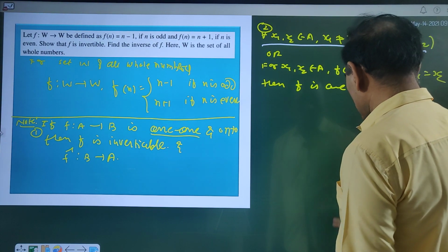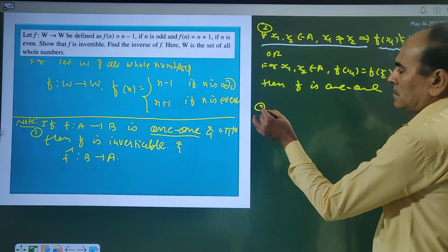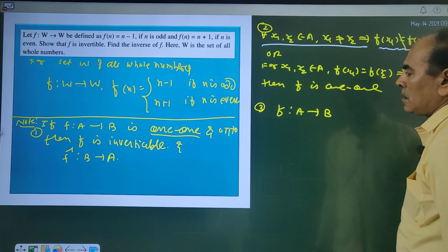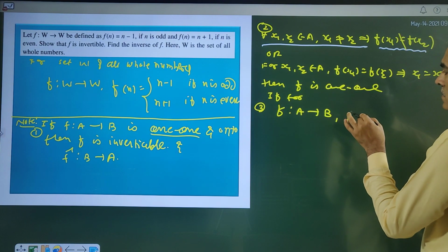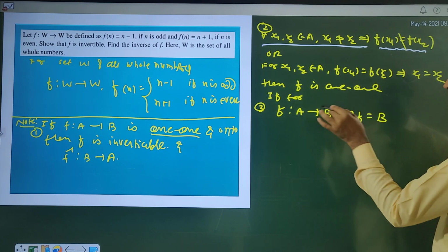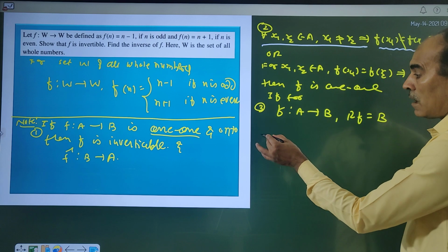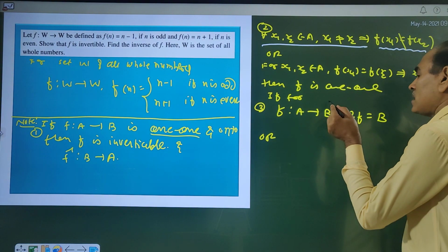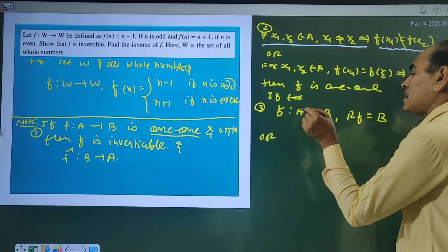Next we will see how to check the onto-ness of a function. Third note. If for f from A to B, the range of f is equal to B, the codomain of function f, then it is onto. Range of f equal to codomain means every element of the codomain is associated with some element of the domain.